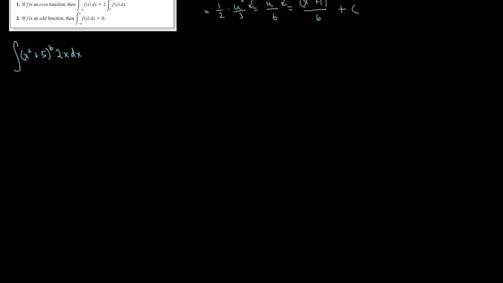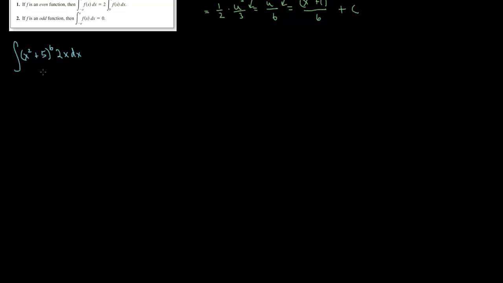Now I say this one is easy because if you look to see what's going on, look at your inside function and think, what's the differential of that inside function? The differential of that inside function is 2x dx. So this actually fits the pattern perfectly to reverse the chain rule, to use U-substitution.